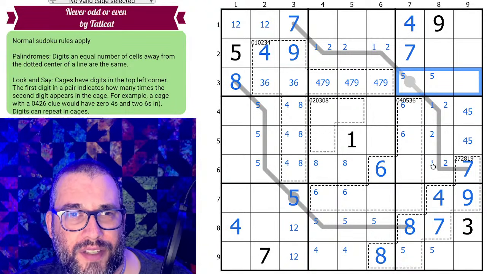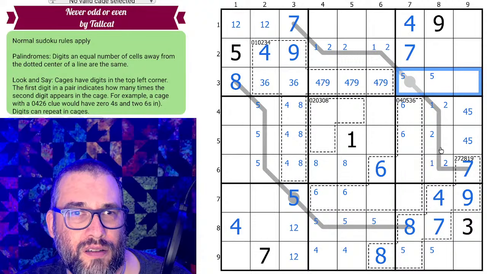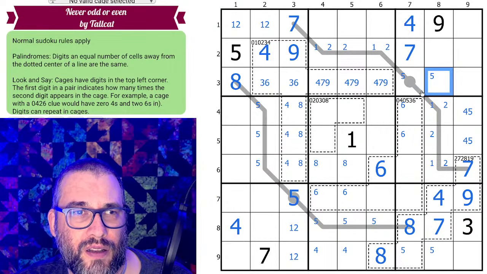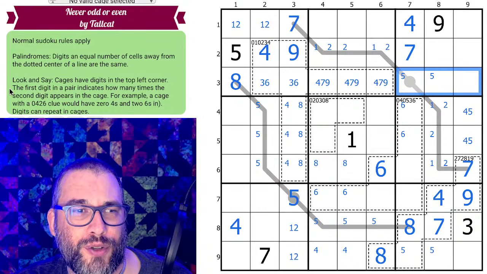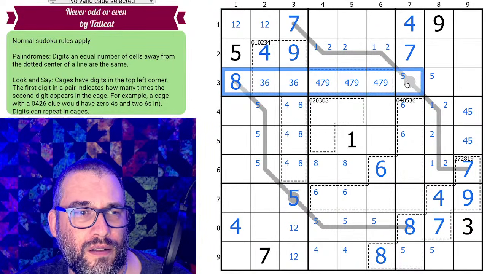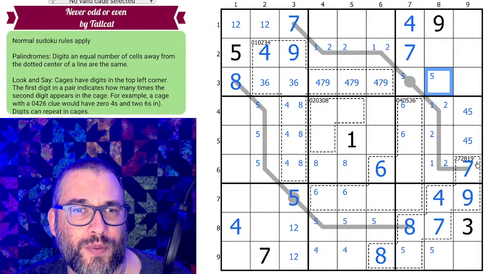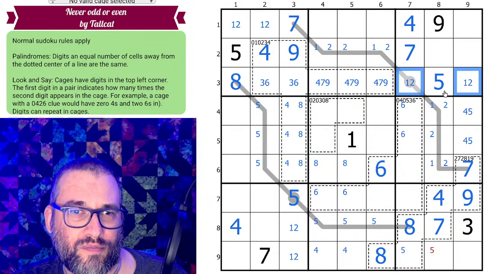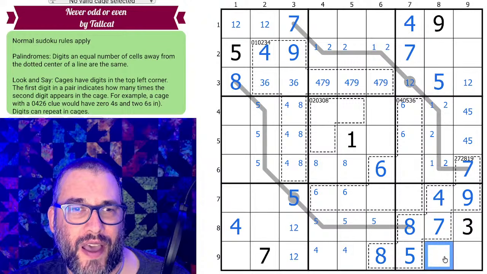Yeah, what's left here? Well, this one is going to be 1, 2, and 5, right? Except this one can't be 1 or 2, so it just is 5 with a 1-2 pair here. So that's 5.